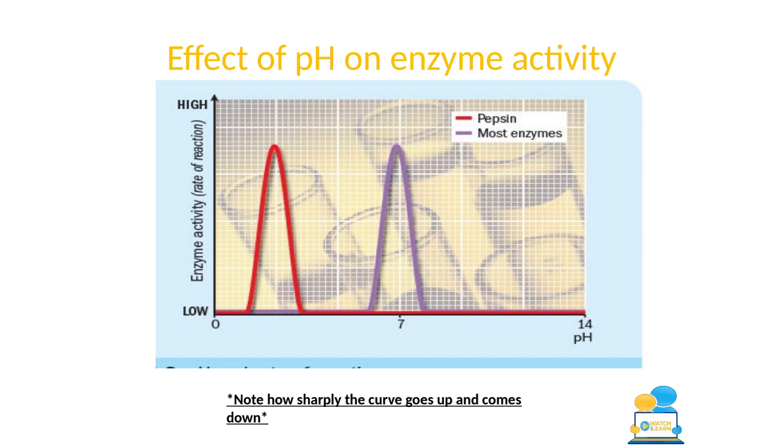This peak of the red curve represents pepsin, where the enzyme activity is at its highest at a pH of around 2. So be really careful when we're doing exam questions and asked to draw a graph that reflects an enzyme's activity levels when we're talking about pH: it must be up and down very sharply, whereas with temperature, it's a much more gradual curve.